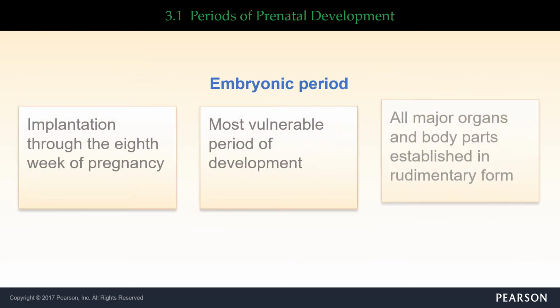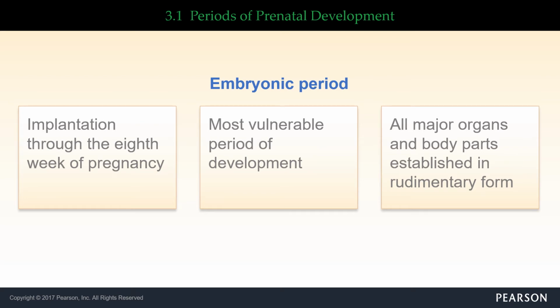So then in the embryonic period, there's implantation. It goes from the implantation through the 8th week of pregnancy. This is the most vulnerable period of development because all of the major organs and body parts are established in their basic rudimentary forms.